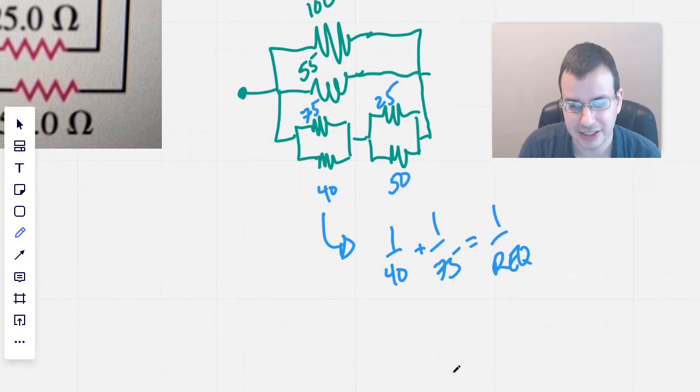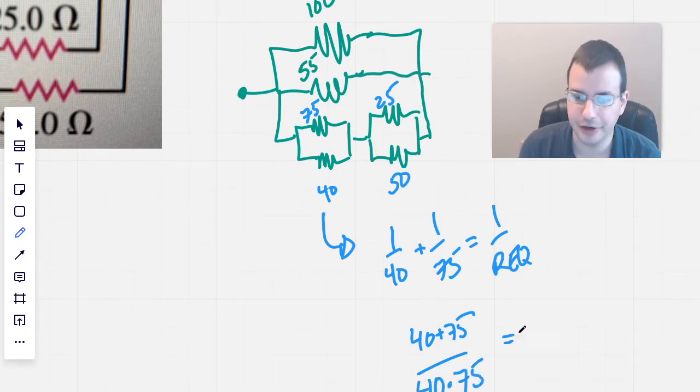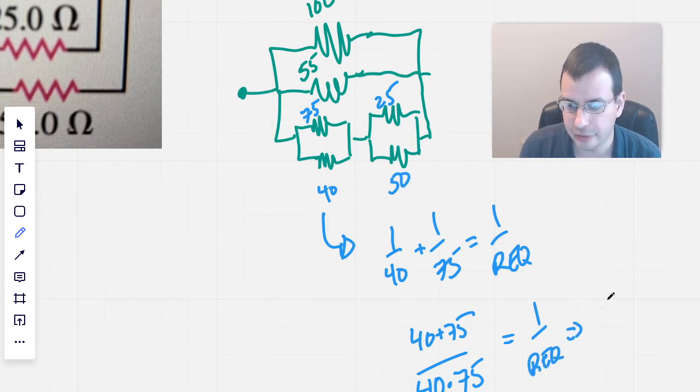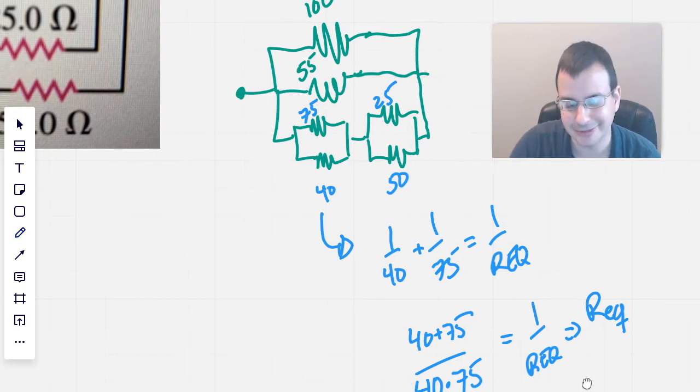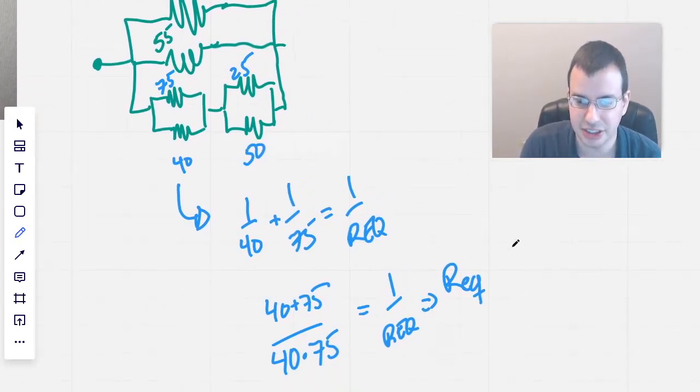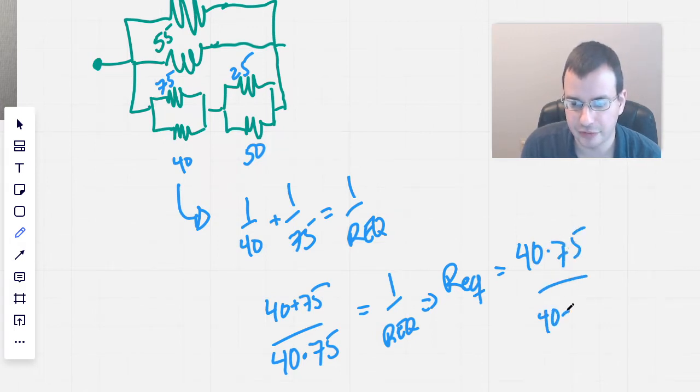So simplifying this slightly, with a common denominator, we'll have 40 plus 75 over 40 times 75 equals 1 over our equivalent. So therefore, our equivalent equals 40 times 75, just flipping the top and the bottom, over 40 plus 75. I see how I went from capital to lowercase? I should stay more consistent.